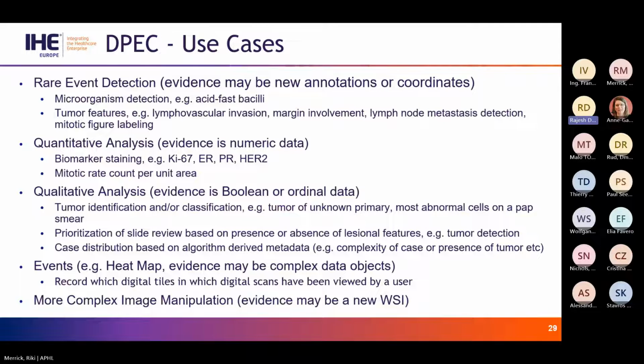Right now, with all of the image analysis algorithms in digital pathology, there is either a proprietary interface being created instead of a standard one, or there's manual copying and pasting.